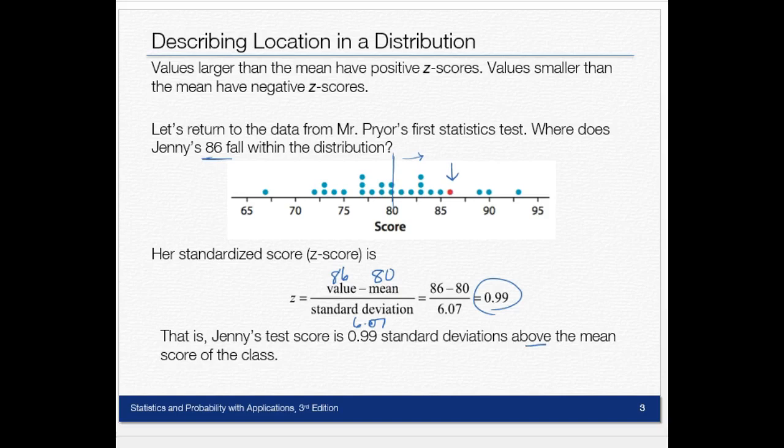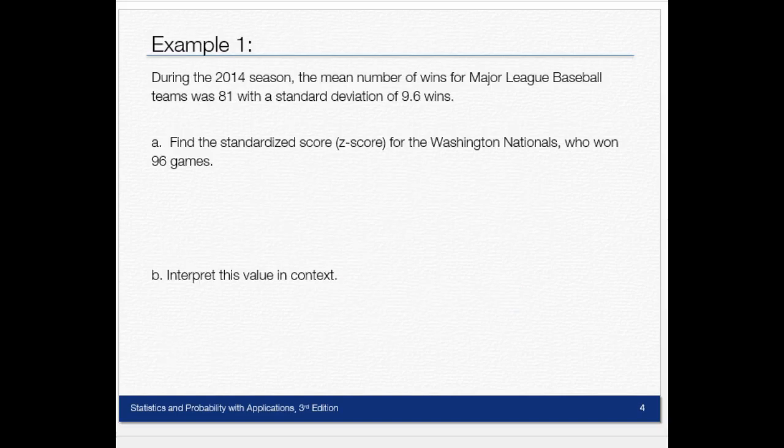Now let's try this ourselves. During the 2014 season, the mean number of wins for Major League Baseball teams was 81, with a standard deviation of 9.6. So you automatically start spelling this out. The mean was 81, the standard deviation was 9.6. The other piece of information I need is the value, right? So that needs to give us something. Find the standardized score for the Washington Nationals, who won 96 games.